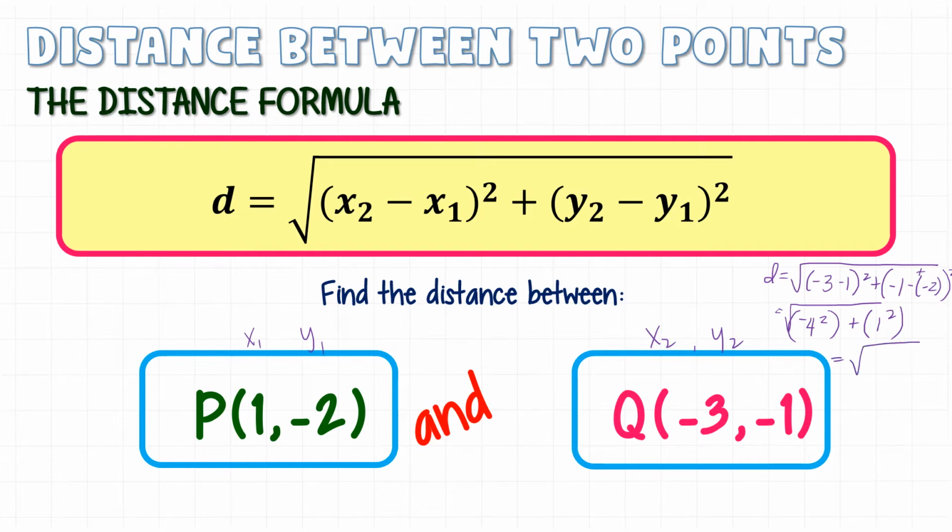We have negative 4 times negative 4 is 16 plus 1 equals square root of 17. Pwede hindi na natin simplify using your calculators. Pwede na tayo dito, square root of 17. Okay? Ganun lang nag-work si distance formula. So, the distance between point Q and P is square root of 17 units.